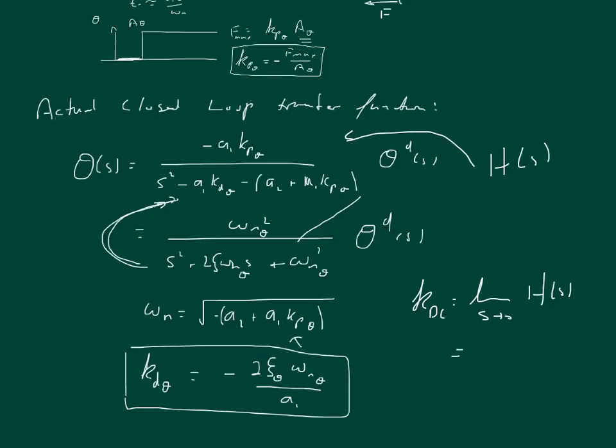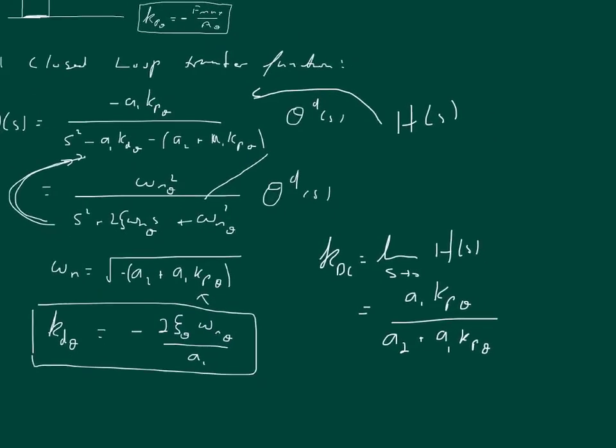That means that the DC gain is equal to a1 Kp theta divided by a2 plus a1 Kp theta. And you'll notice that this term will be less than 1.